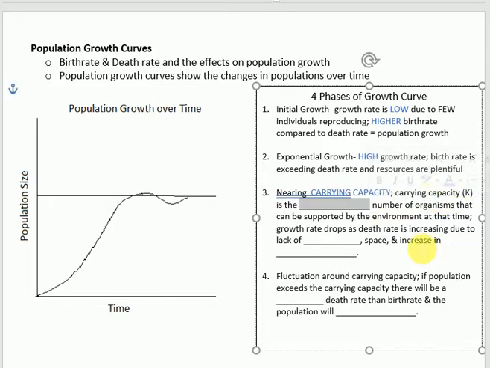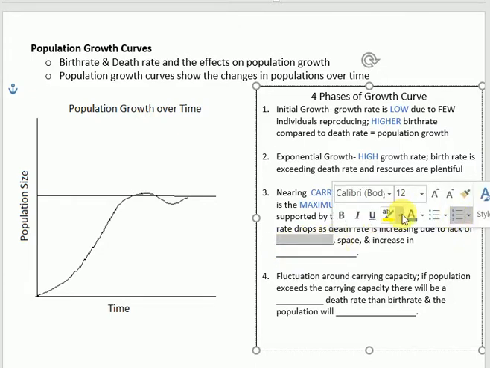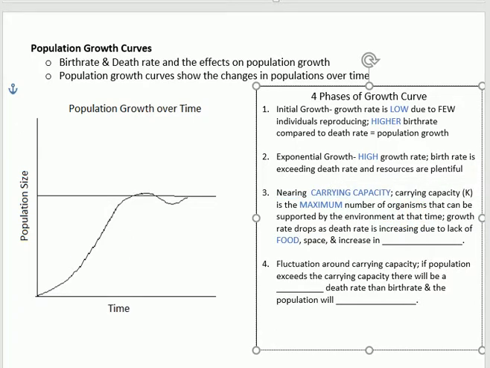The carrying capacity, which is usually termed as K, is the maximum number of organisms that can be supported by the environment at that time. The growth rate is going to drop as the death rate increases due to a lack of food, as well as a lack of space, and it's going to result in an increase in disease as well as predation.